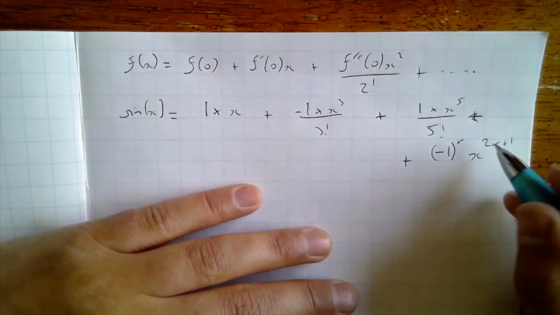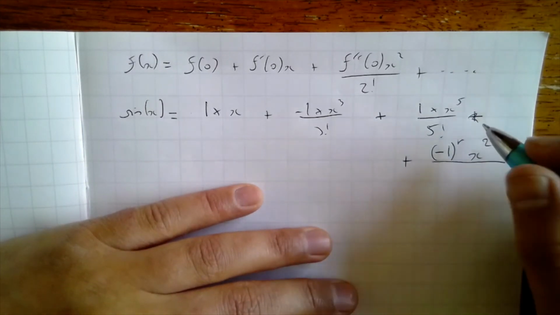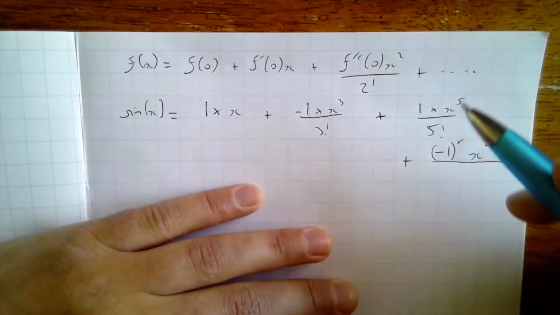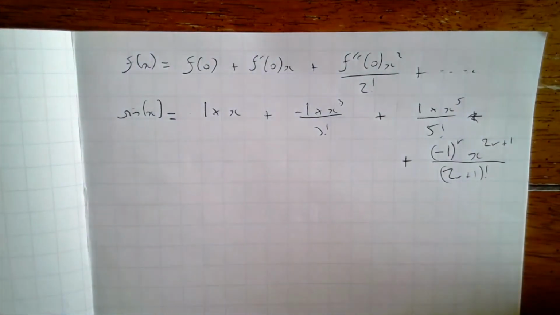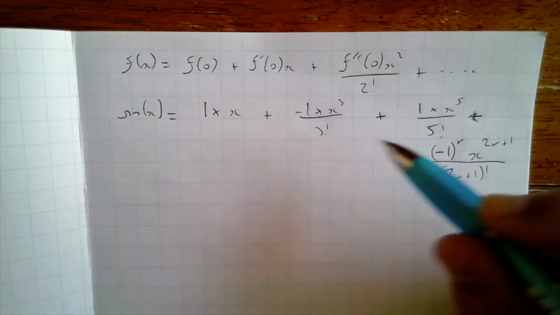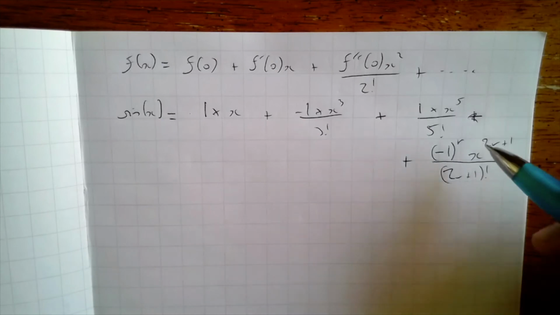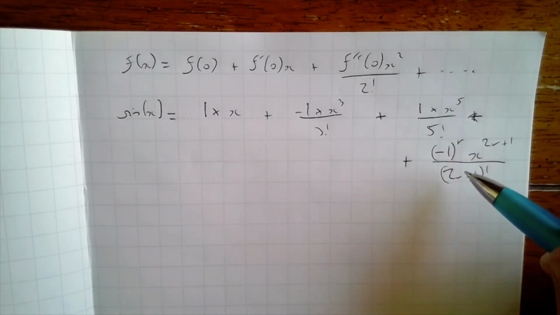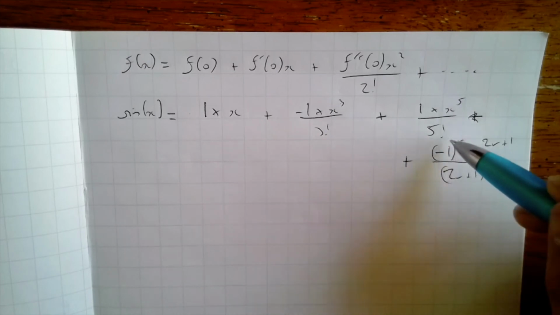And if I've got a 2r plus 1 up there, similar to these, I better have 2r plus 1 on the bottom factorial to compensate for that one. If you're not convinced by this, then just try this with these ones and just check that it does actually work, and hopefully that'll convince you. It's a little bit of practice sometimes generating these. So just always think about this bit first. What does this have to be? And then this will normally be quite easy to find.